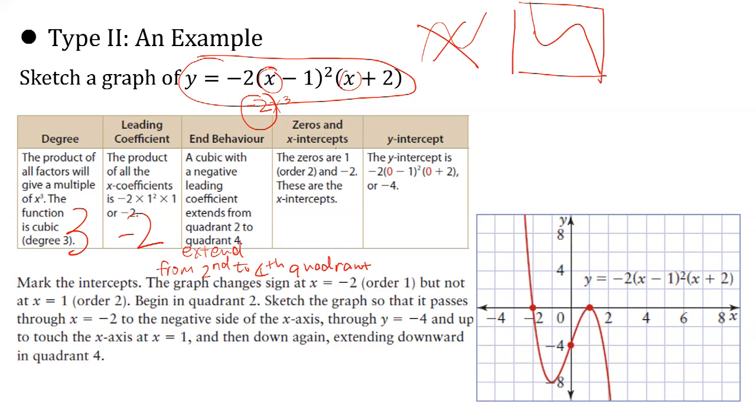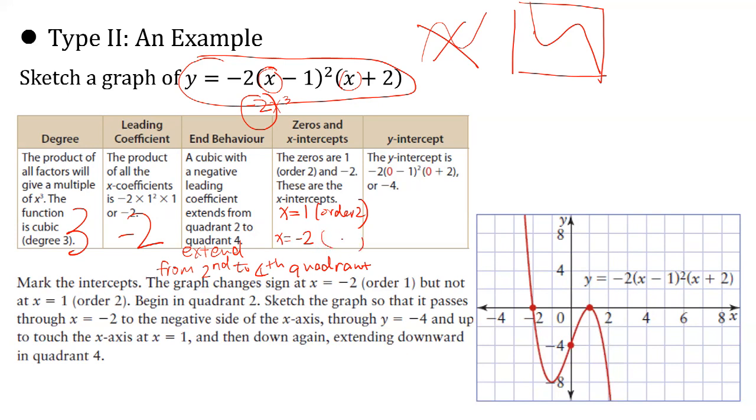Okay, zeros and intercepts. It has 2 zeros, right? First, it has a zero at x equals 1 with order 2, right? If the order is greater than 1, usually we'll specify its order. And another zero is x equals -2. If the order is 1, usually you can leave this blank.